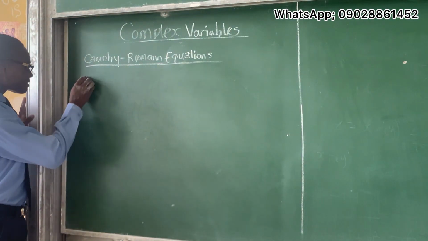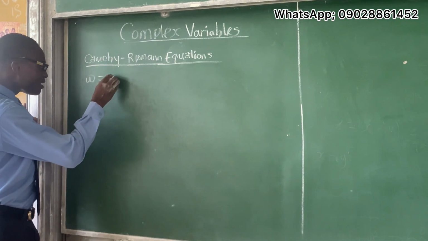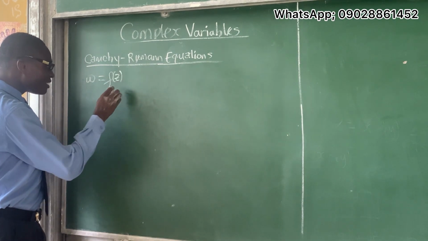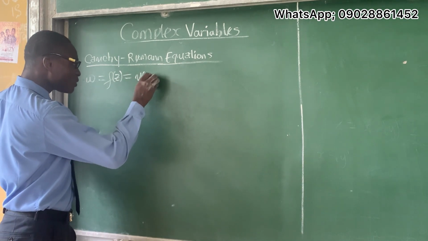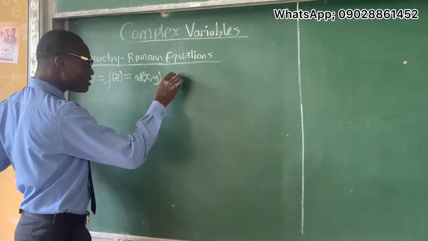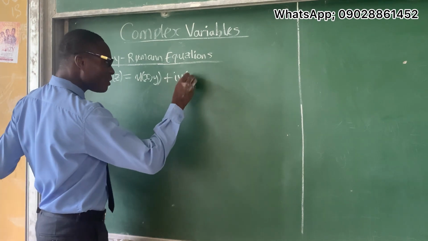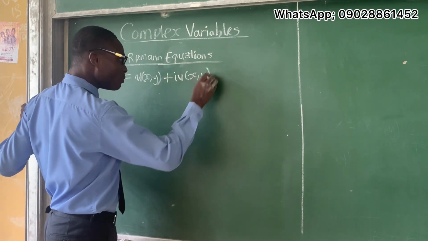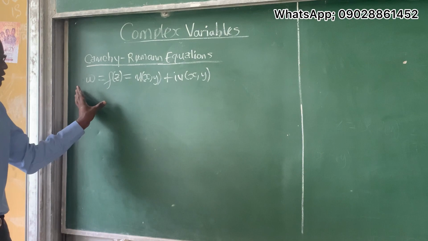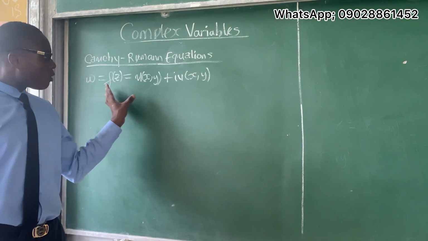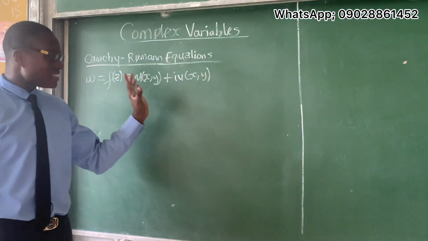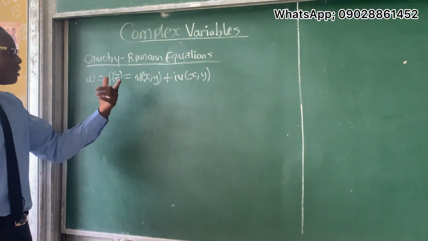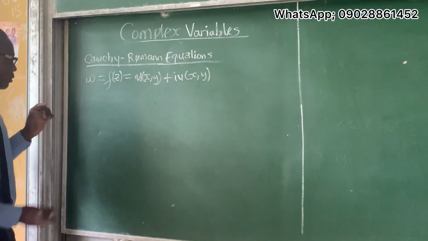We always say that W is equal to f of z, and then f of z is now equal to the real part, which is a function of x and y, plus the imaginary part, which is another function of x and y. If this function f of z equals the real part plus the imaginary part is analytic, it means it must satisfy the following condition.